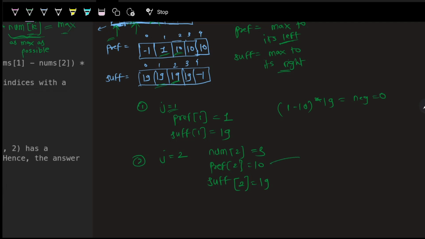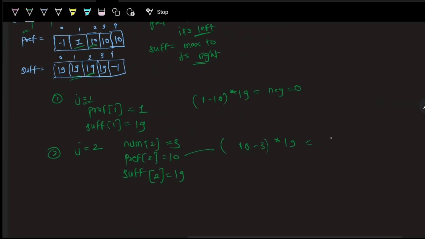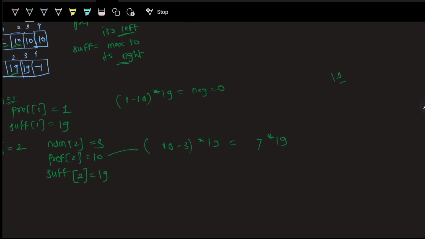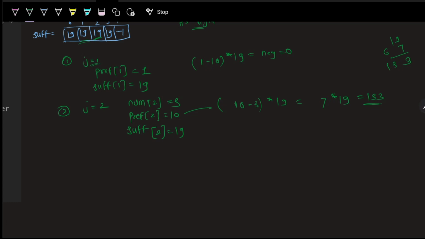So same thing, that will be prefix of 2, that is 10, minus 3, into 19. So if you see, this is nothing but 7 into 19, correct. Of course we can do the multiplication, that will be 133, correct. Okay, makes sense. This is something that we have found.